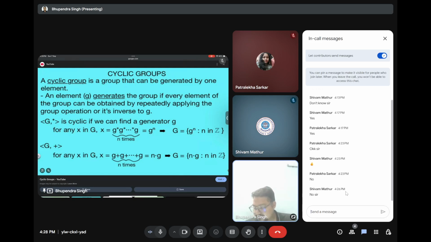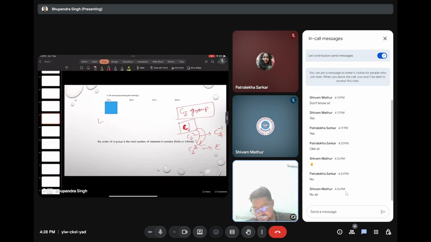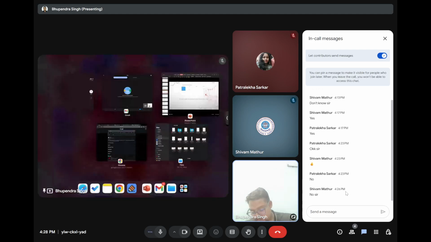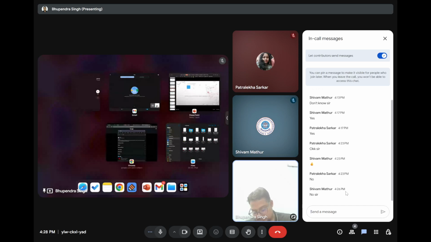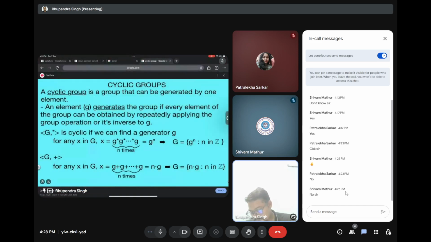See the definition. A cyclic group is a group that can be generated by one element. Why I've taken C3 is because it was our first option. So C3 is the operation. A cyclic group is a group that can be generated by one element.